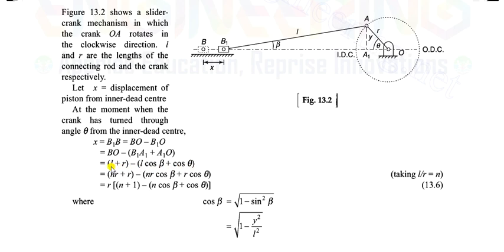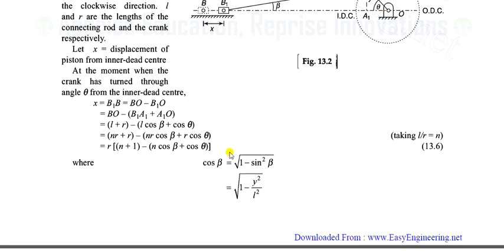So x is equal to L plus R minus L cos beta plus R cos theta. Now this ratio of connecting rod length to the crank radius, L by R, is defined as a constant N, okay, so L by R is equal to N. So in place of L I can write N into R. So he has defined one constant N, which is nothing but the ratio of connecting rod length to the crank radius.